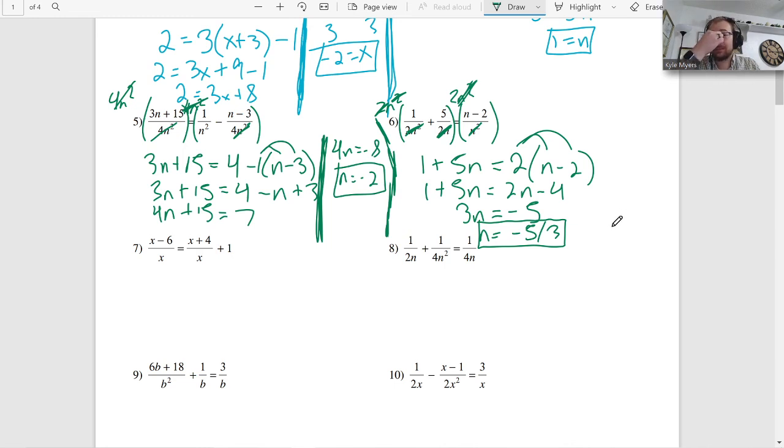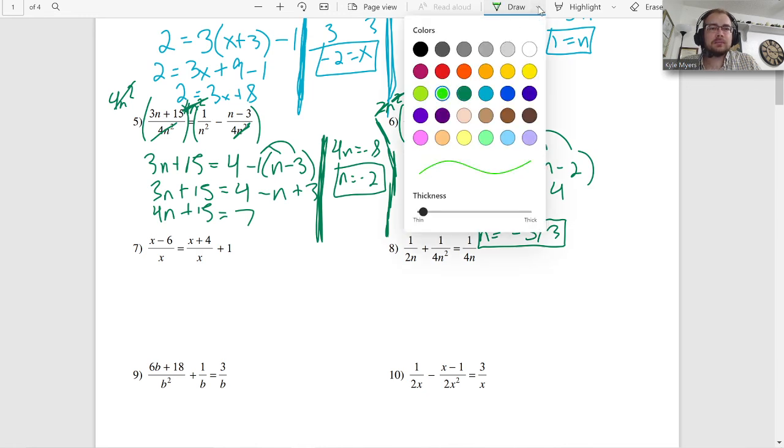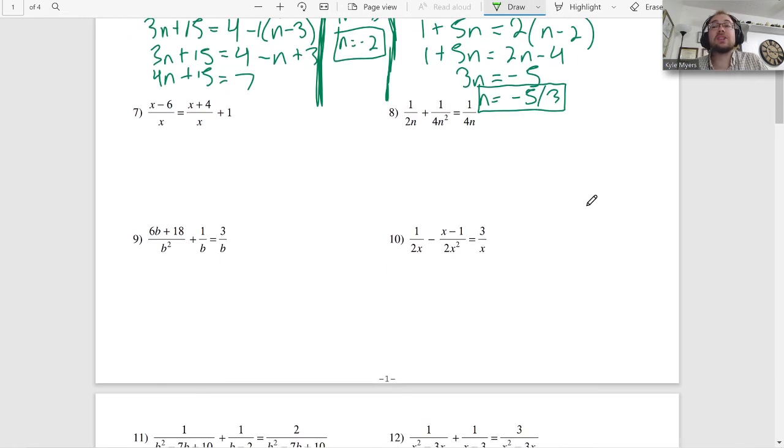A lot of times, especially when teachers write tests, if they want you to have all nice answers like positive or negative whole numbers, then they usually stick with that theme throughout the test, and they hardly ever deviate from that. So if you get a fraction or a decimal, you'd want to check it to make sure it's legit.